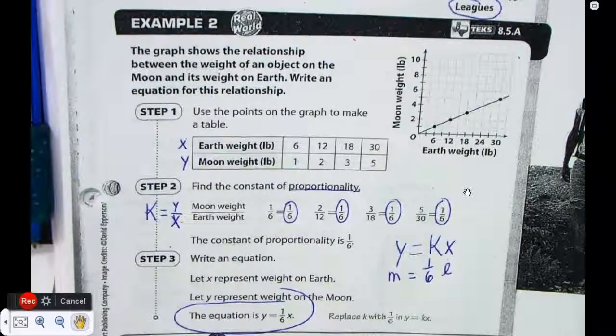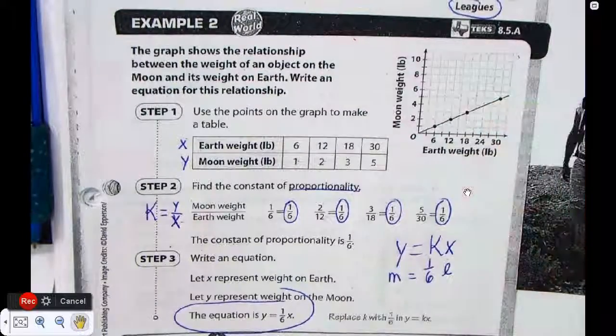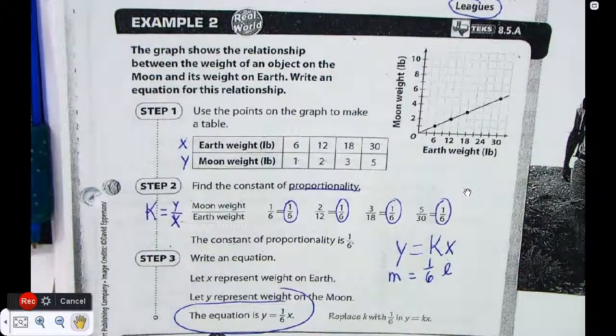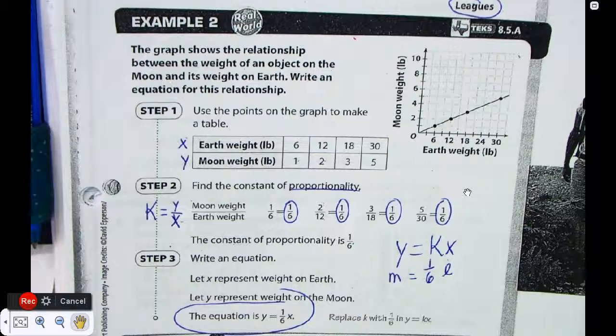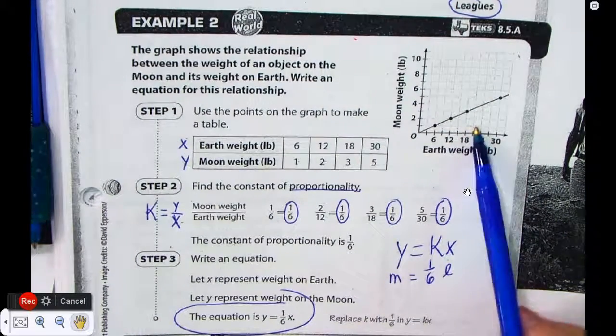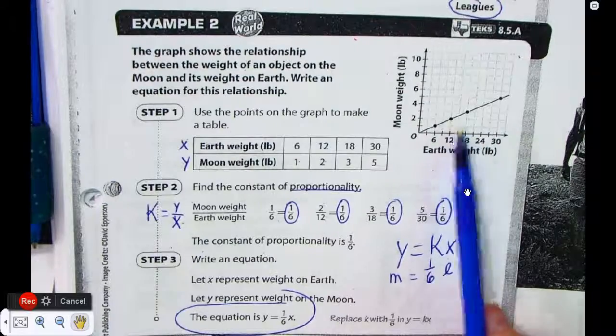Now look at the graph. So we're looking at this, and we can tell it's proportional by looking at it.